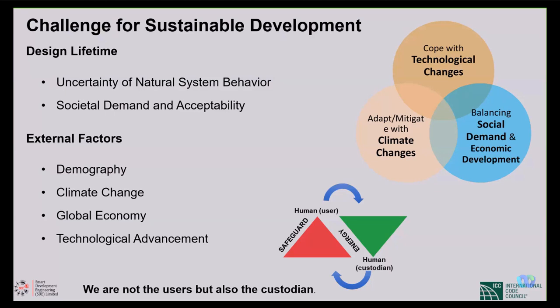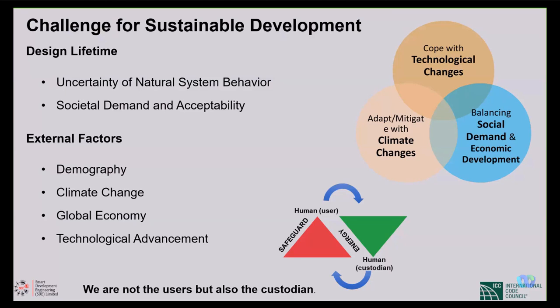One of the three things we look at, in the circles on the right, is the change in technology. You have to cope with changes in technology: new machines, new computers, new methods of solutions. We have to adjust, we have to understand, we have to cope. So it is dynamic in nature.